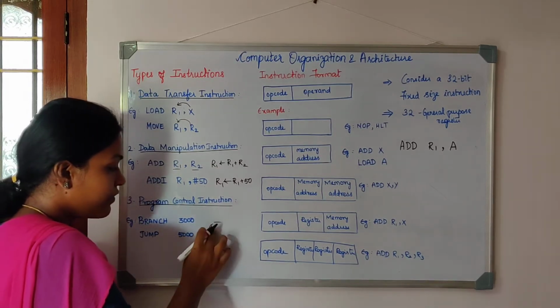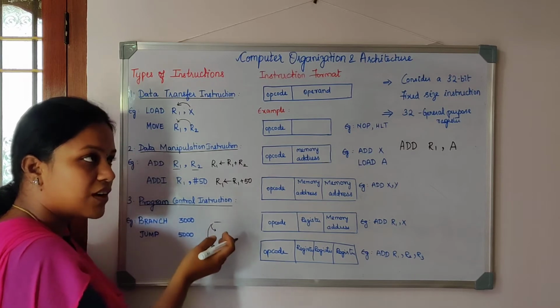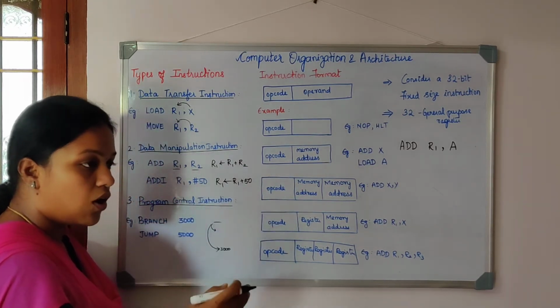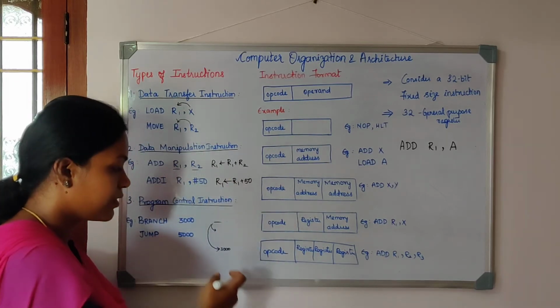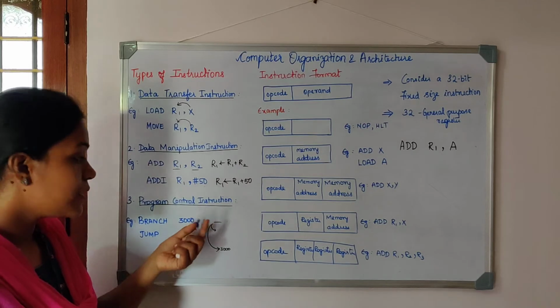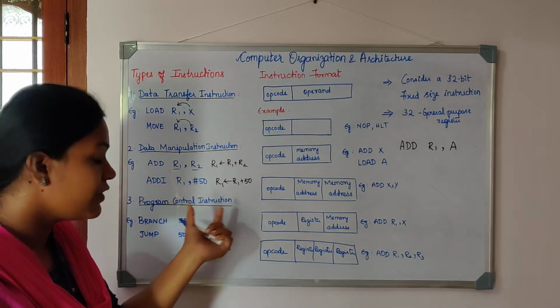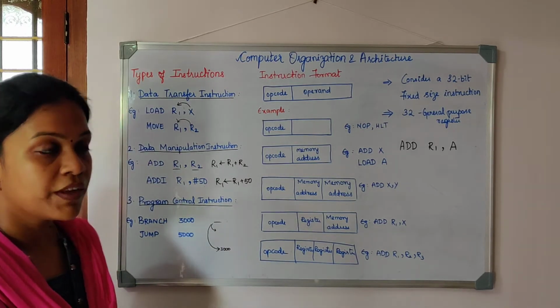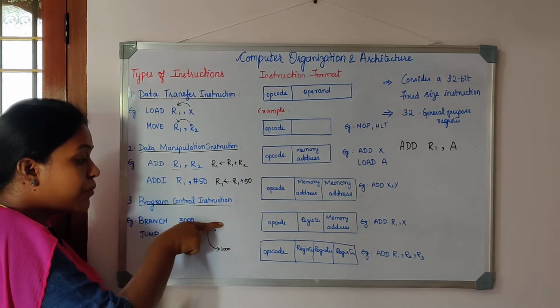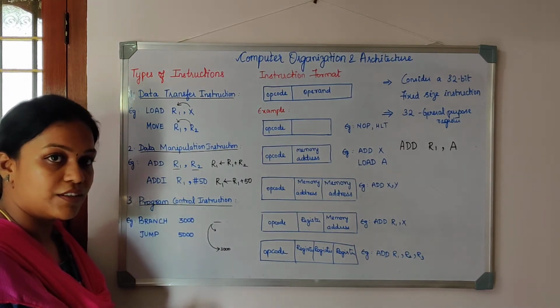Which one happens depends upon the condition given in the previous instruction. So control is transferred depending upon the current instruction that is being executed.